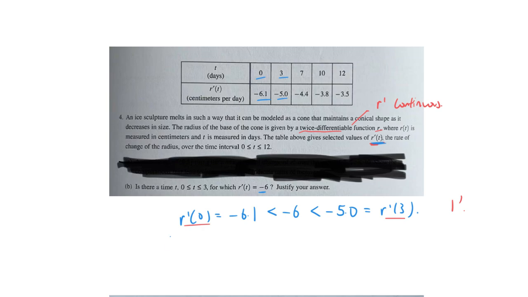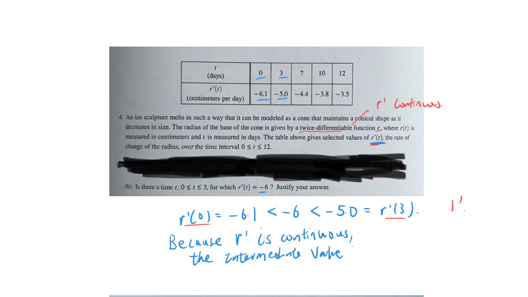You're going to assert that r prime is continuous. Here, we're first going to pretend that this is given to you. So you're going to write, because r prime is continuous, the intermediate value theorem, and try not to be lazy here, because sometimes it's just better to write it out.